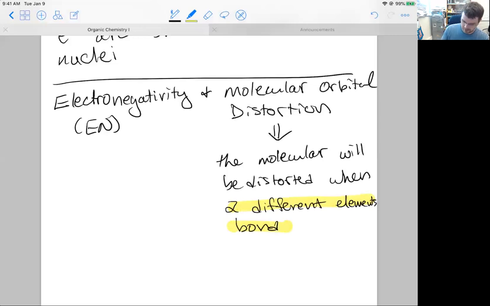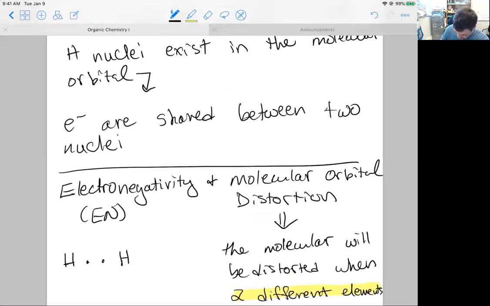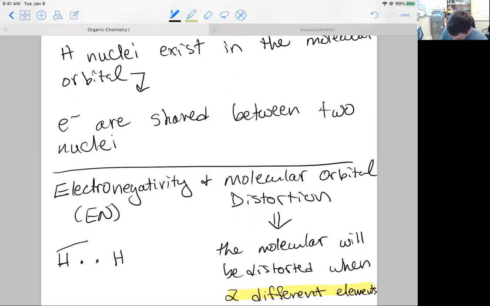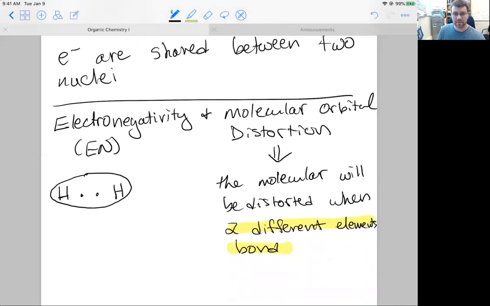Now let's look at a picture of what I mean. Hopefully the picture and the discussion of molecular orbitals will help us. Let's say we have H and H. Now when they bond, they are going to form a fairly regular oval. A better artist would make this more even. Imagine a symmetric oval that could be shown in 3 dimensions as sort of the two spheres have kind of merged with each other.